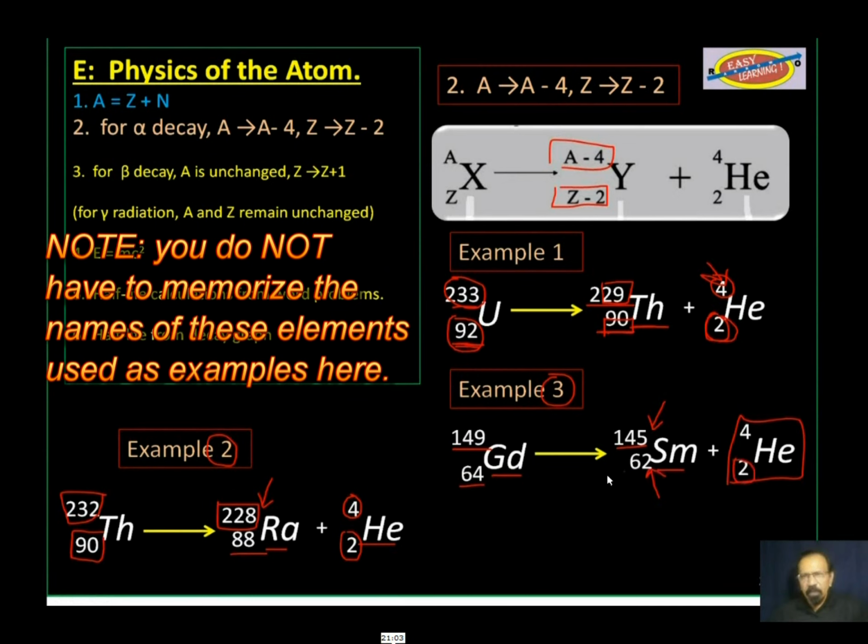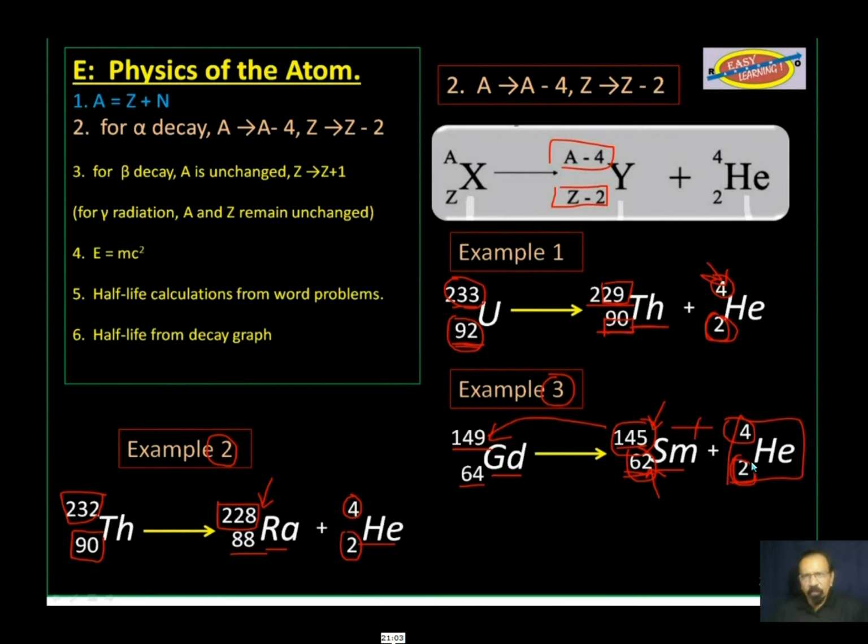And so we get 62 here. Please note that if you add this and that, you will get that one up there. And the same thing applies to this 62 and 2. If you were to add those 2, you will get back 64.